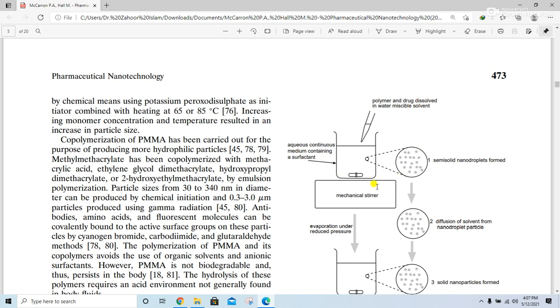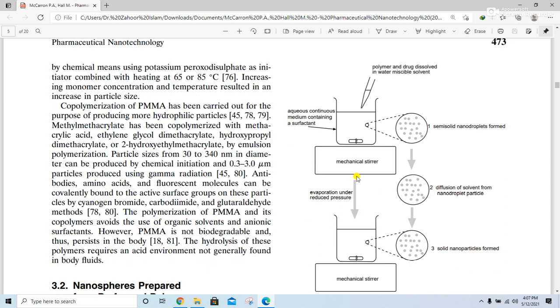You can see here, this is a mechanical stirrer. Look at the second case: there is diffusion of the solvent from the nanodroplet particles, and the solvent is diffused from the nanodroplets.